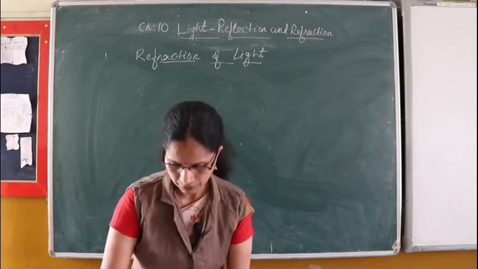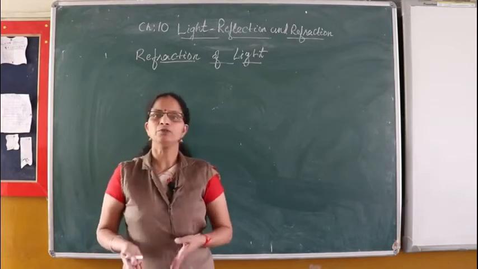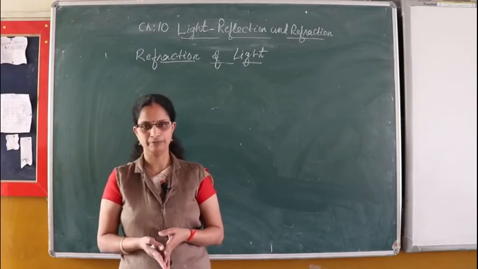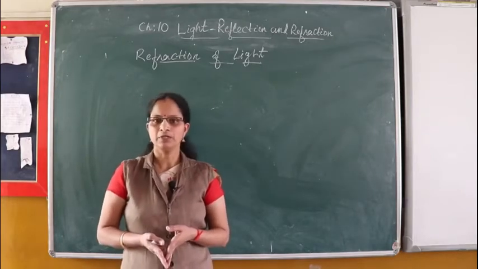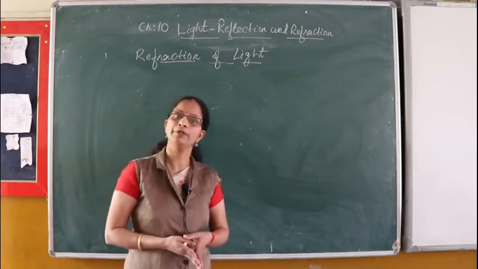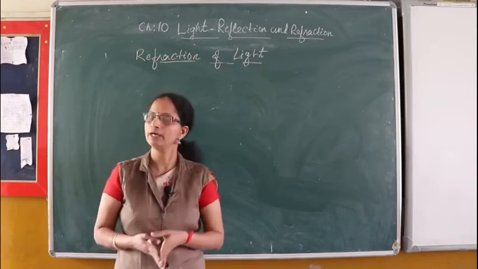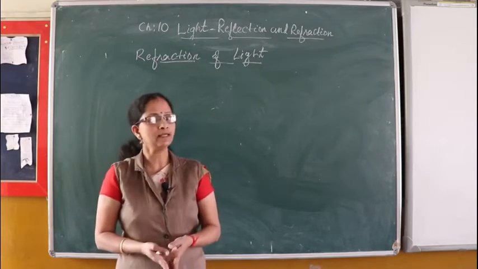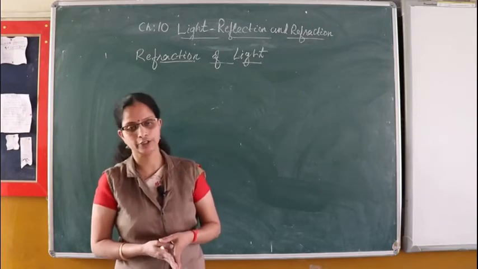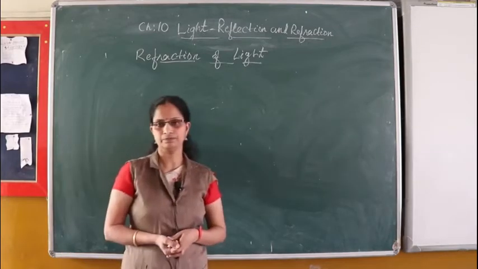Refraction means when light travels from one transparent medium to another transparent medium and strikes it obliquely, in the second medium the direction of propagation of light appears to change. This phenomenon is known as refraction.